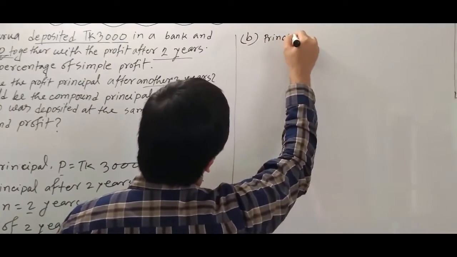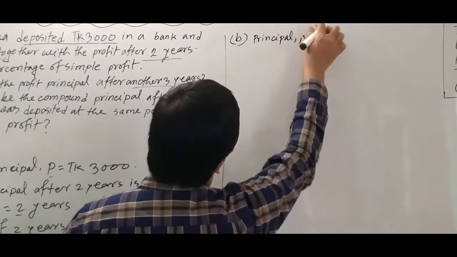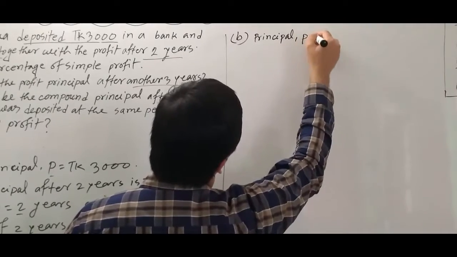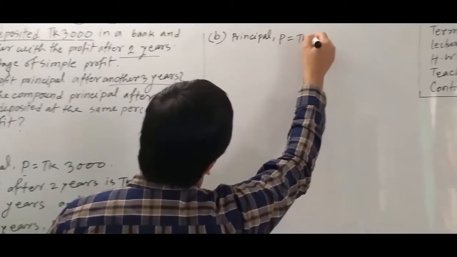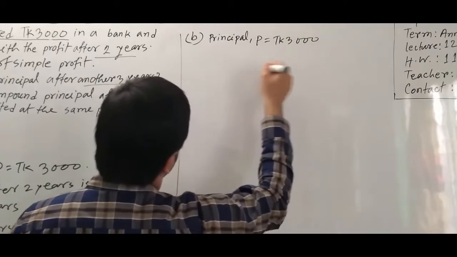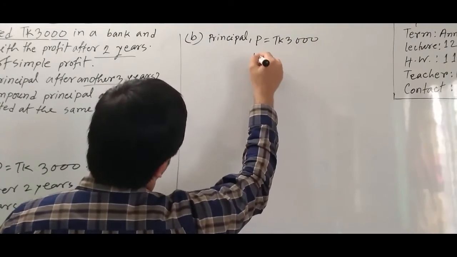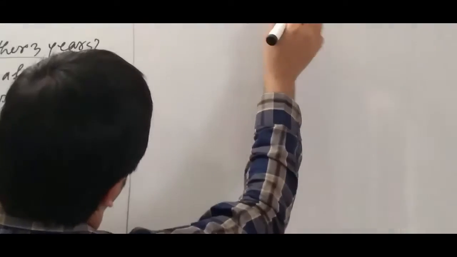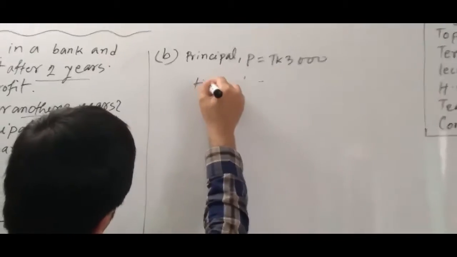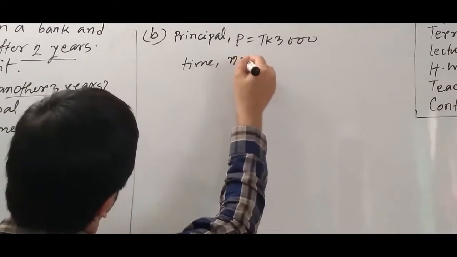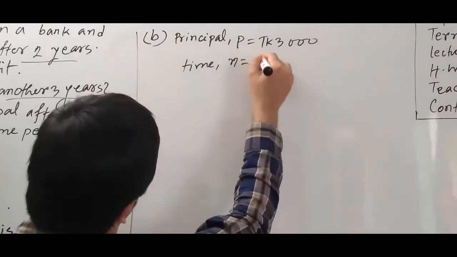Principal P equal to taka 3000, time N equal to 3 years.